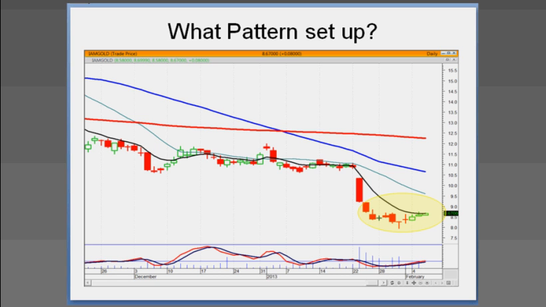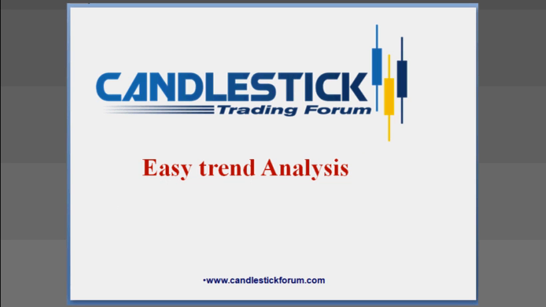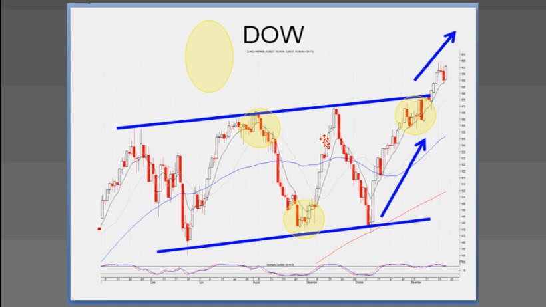So the information that is built into the signals and the patterns helps us to easily identify trends or do trend analysis. As we can see, the Dow has been in a channel. There was a big, huge Morningstar signal right here. It told us that our next trades were to the upside.